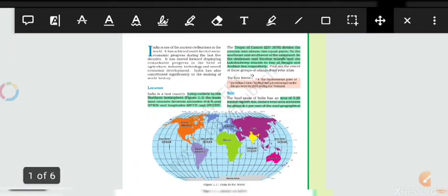So what is the size of India on behalf of these extensions? India has an area of approximately 3.28 million square kilometers. As you can see, all this area is approximately 3.28 million square kilometers.